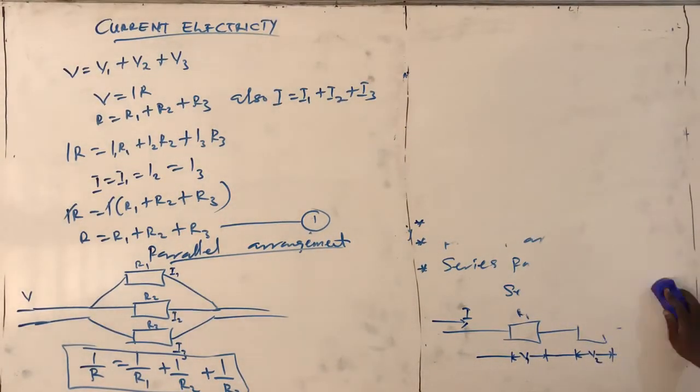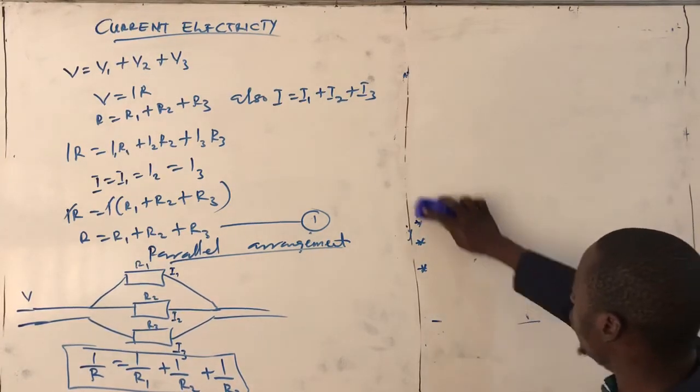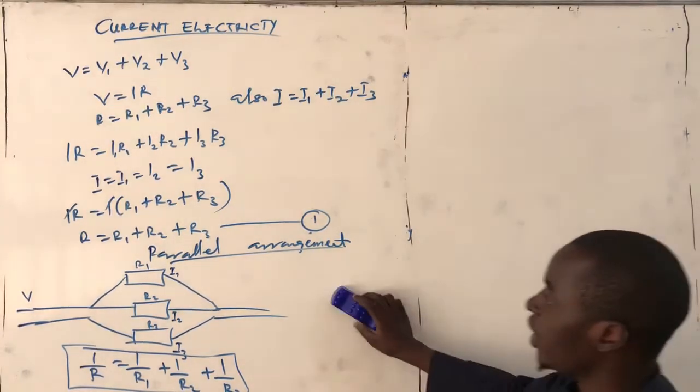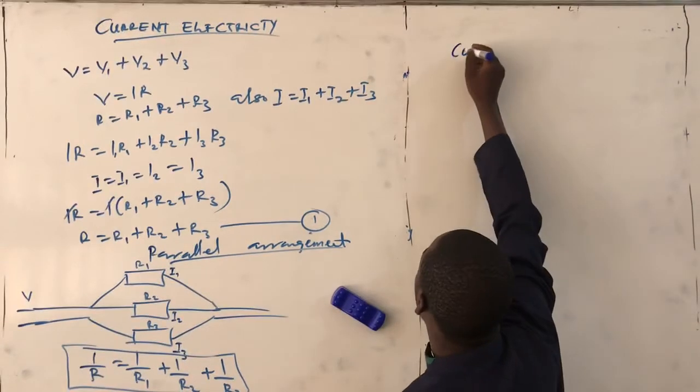Now let's look at what happens if we have a combination of parallel and series arrangement.